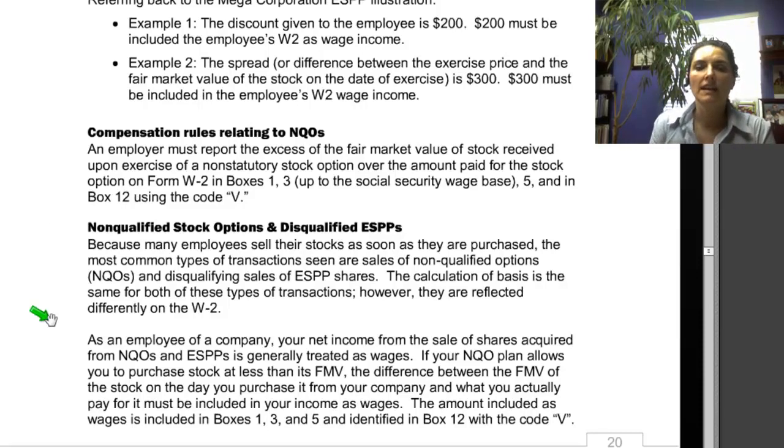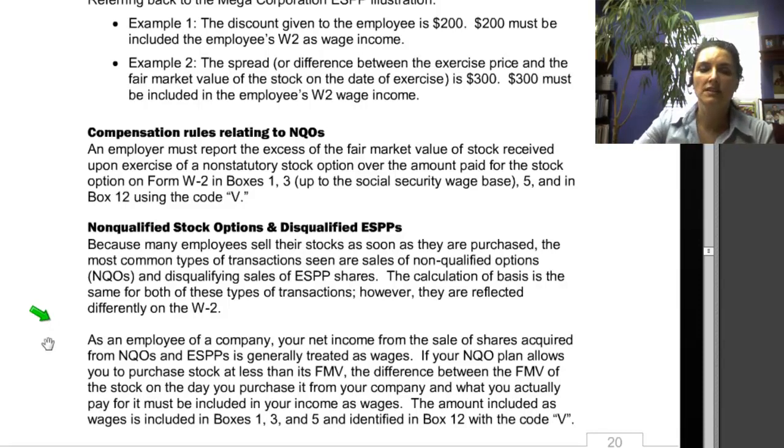As an employee of a company, your net income from the sale of shares acquired from NQOs and ESPPs is generally treated as wages. If your NQO plan allows you to purchase stock at less than its fair market value, the difference between the fair market value of the stock on the day you purchase it from your company and what you actually pay for it must be included in your income as wages.